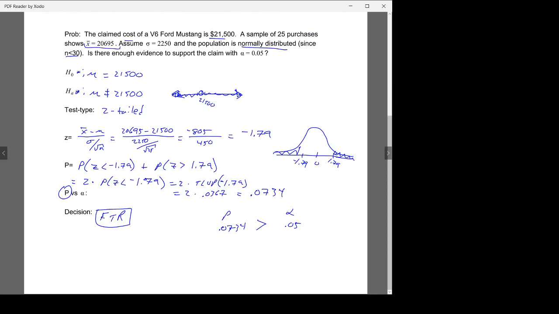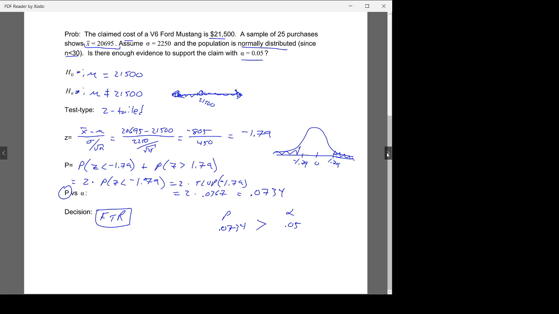And if you think about it, that's about right. About $500 off, well, maybe $1,000. That's not that far off. And if you consider 5% of 21,000, that's about $1,000. So it's kind of close, but it's not there.